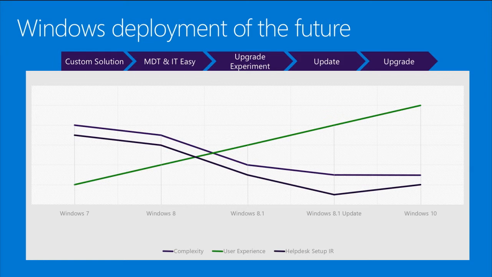You can see that user satisfaction, based on user polls, trends way up with the upgrade process. What's also interesting, what trends down in this model, is the complexity and effectively the help desk calls. So calls went down, user satisfaction went up. This is a real case from real data from Microsoft IT that shows the value of upgrade and how it can be used as an effective tool, not just as a cost savings tool, but also for increasing user satisfaction as users go through that transition from their existing operating system to their new Windows 10 operating system.